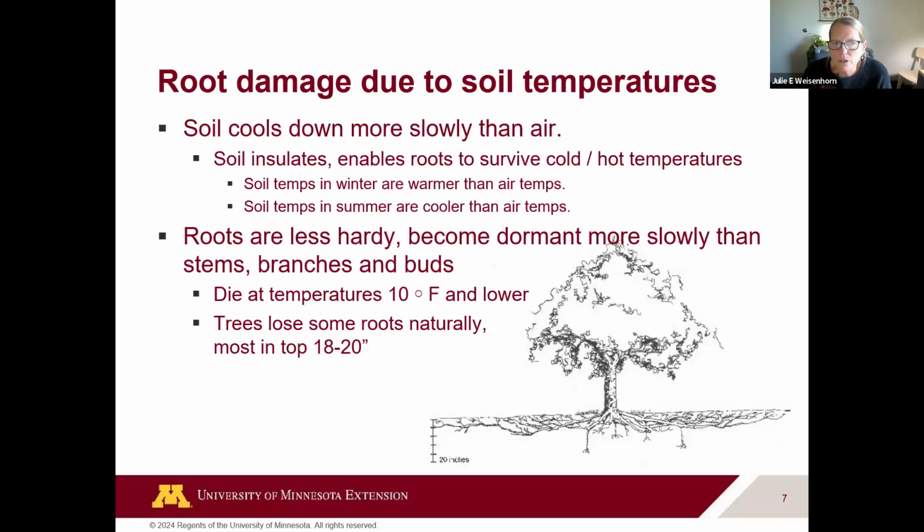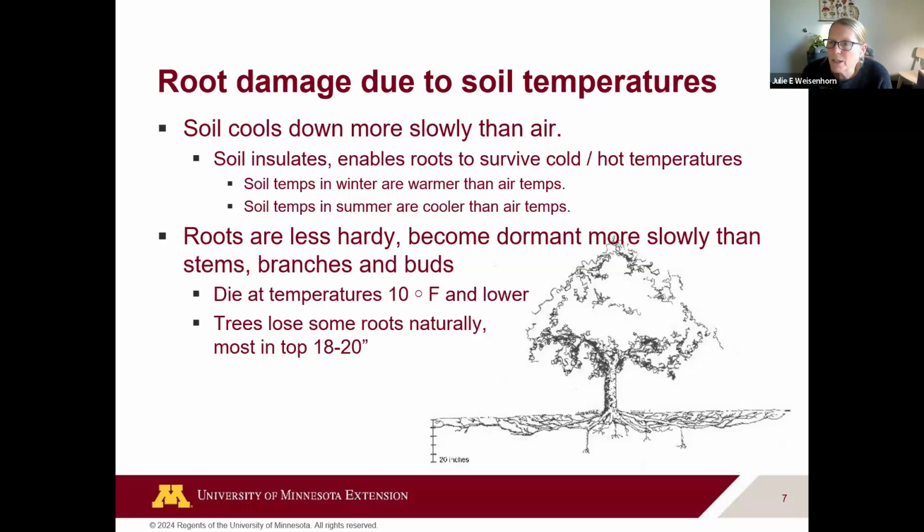Likewise, soil temperatures in the summer are going to be cooler than the air temperatures. If you feel the soil underneath mulch, you'll feel a much cooler soil, especially if it's been watered and has moisture in it. That will help to be less stressful on those plant roots.